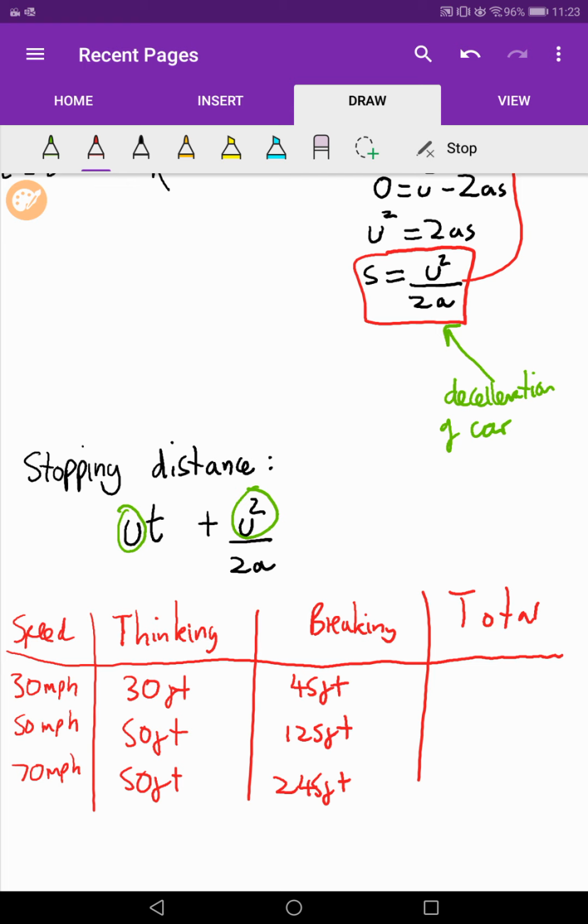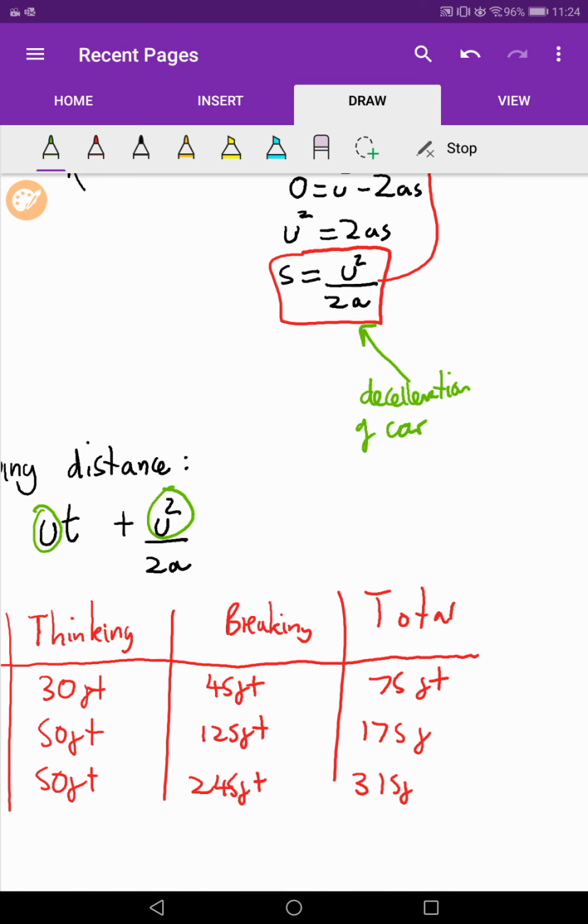Which is total stopping distances of 75 feet, 175 feet, and 315 feet. Or if you like meters, 22.5, 52.5, 94.5 meters.